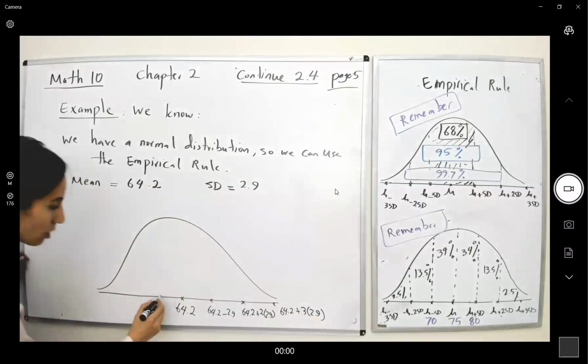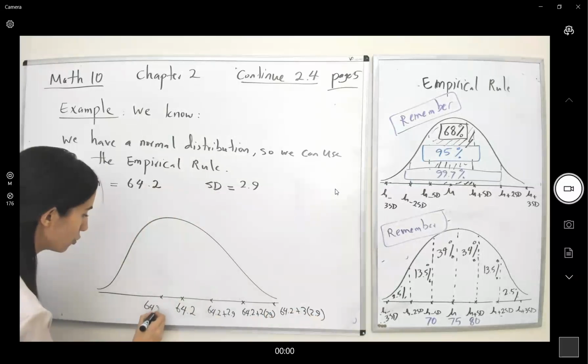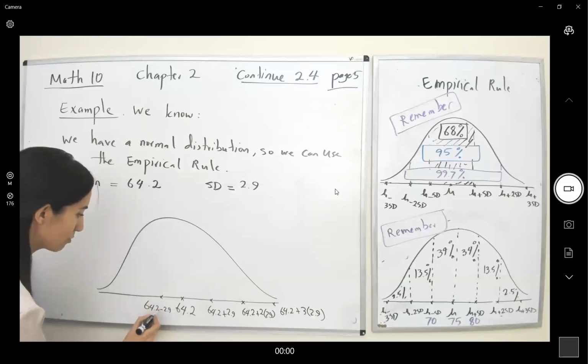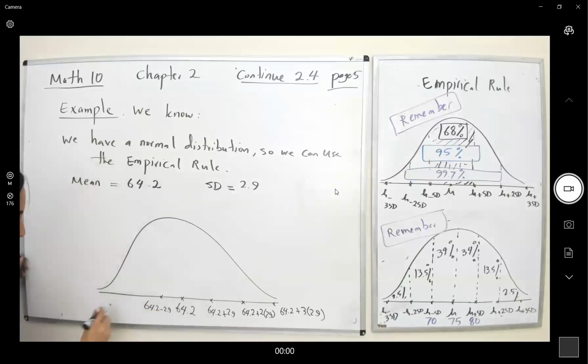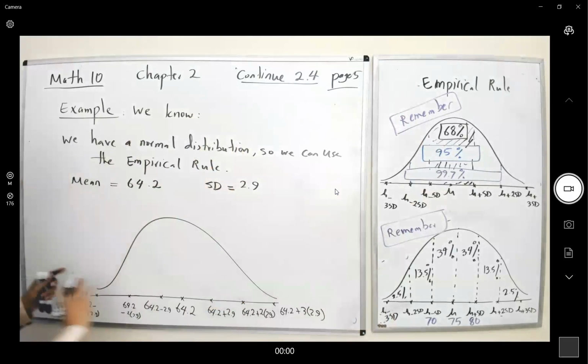And on the left-hand side, we start subtracting: 64.2 minus 2.9, 64.2 minus 2 times 2.9, and finally 64.2 minus 3 times 2.9. So we are using the empirical rule to write these numbers and answer the question.